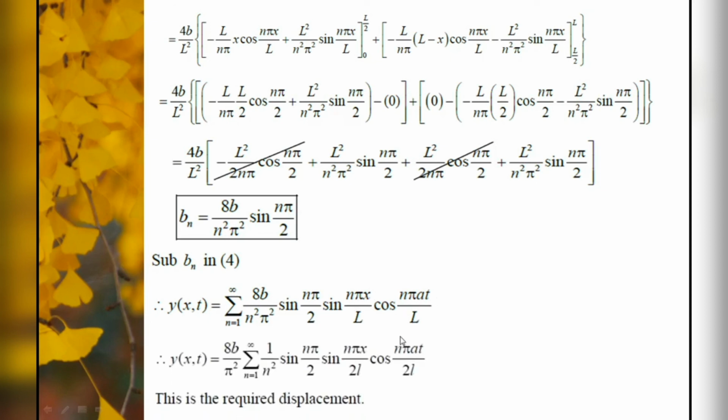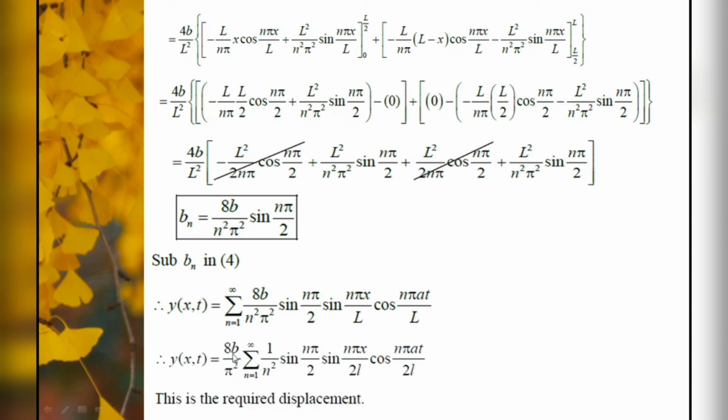Therefore, by substituting the bn value in the most general solution, we get y of x comma t equal to summation n equal to 1 to infinity 8b by n squared pi squared into sin n pi by 2 sin n pi x by L into cos n pi at by L. Remember, here capital L is nothing but equal to small l.